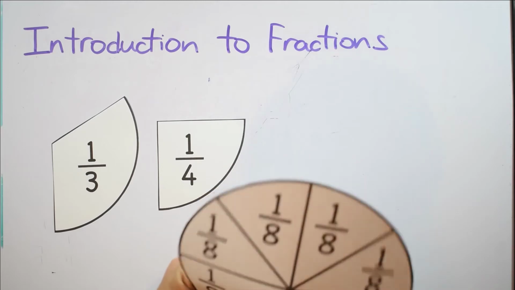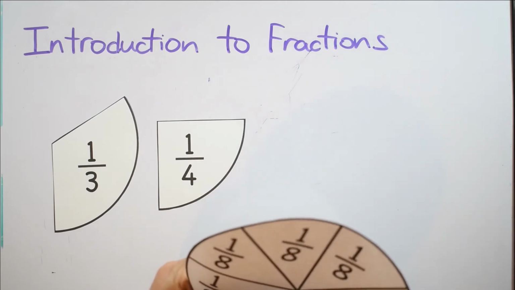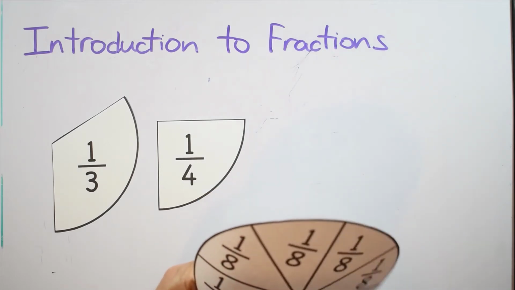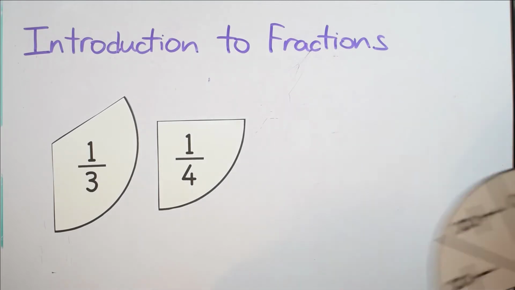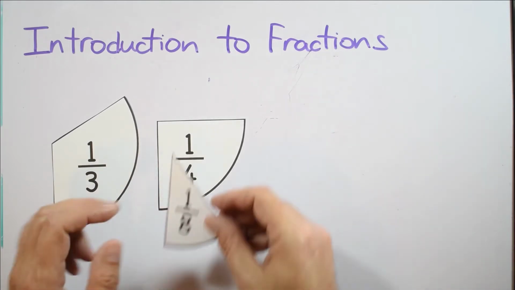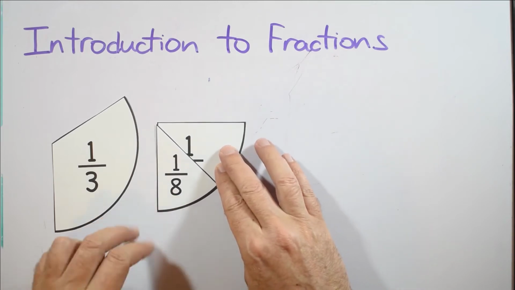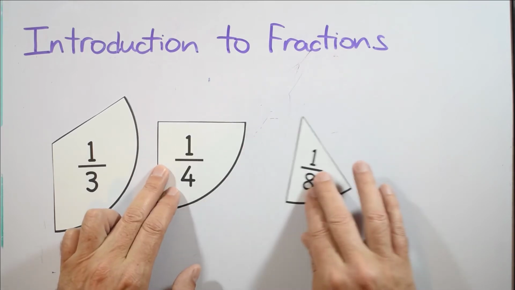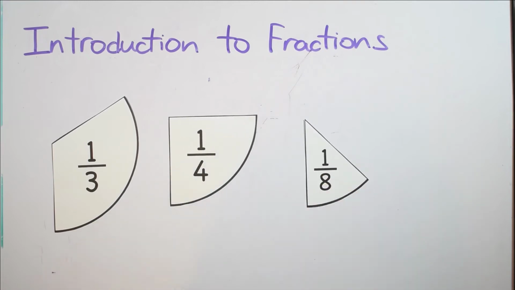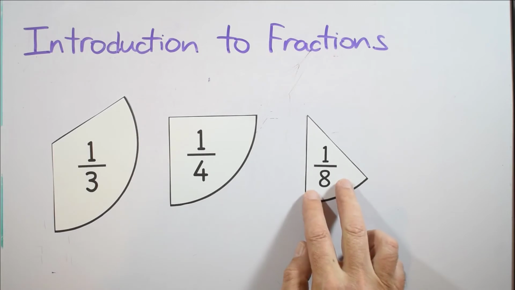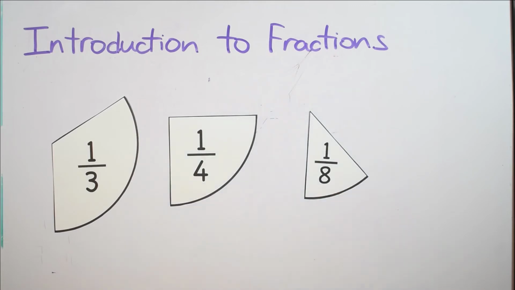It's like halving it each time, really, isn't it? I could probably put that on there, you see. So 1/8, it's like a fraction of a fraction, isn't it? It's actually half of a quarter. And we'll explore more of that later. So you can see clearly there that the bigger the bottom number gets, the smaller my piece gets, given that the pizza was the same size to start with.